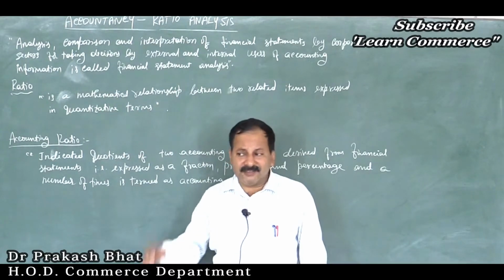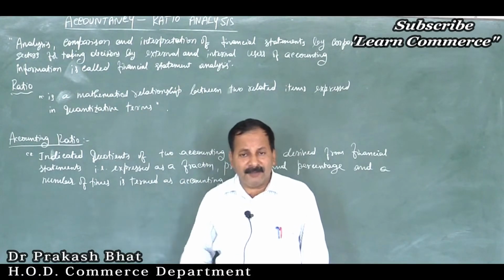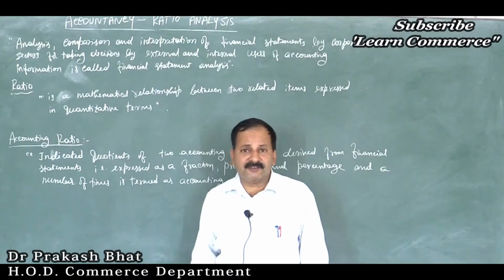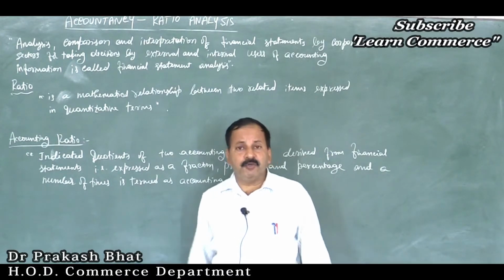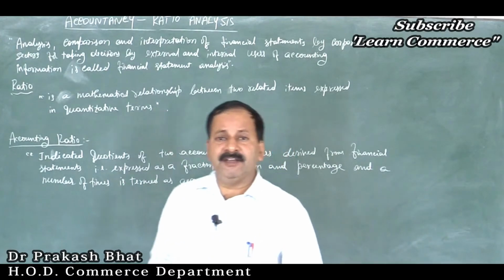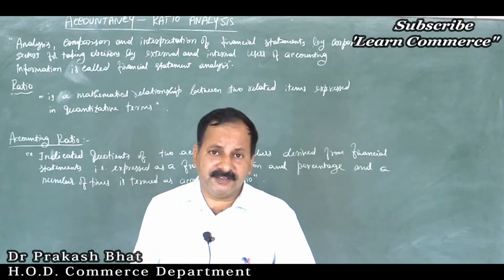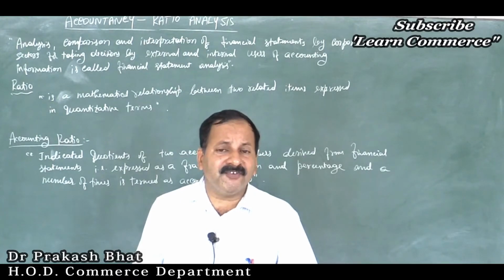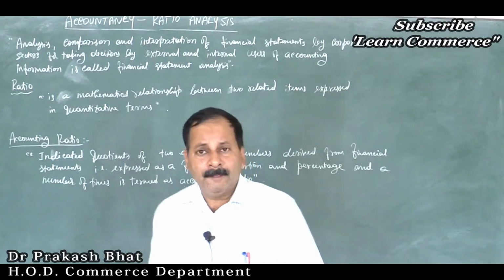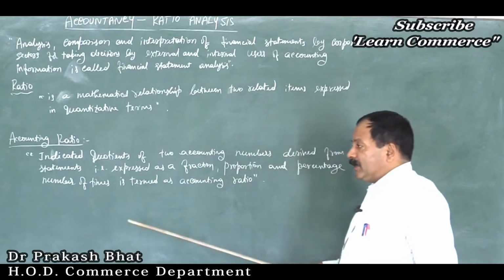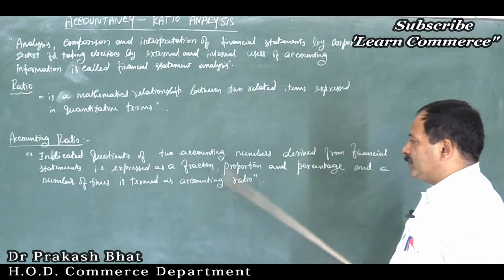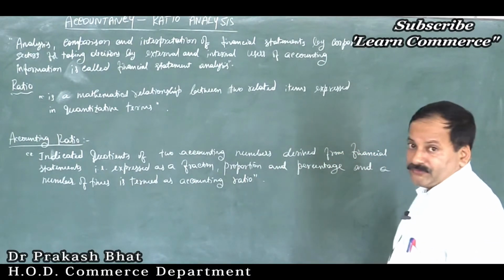How much marks Mr. A has scored compared to B? 2 times. Maybe B has scored 50 marks, isn't it? And Mr. A has scored 100, isn't it? So 2 times. When we represent it in the form of number of times, that also comes under accounting ratio.